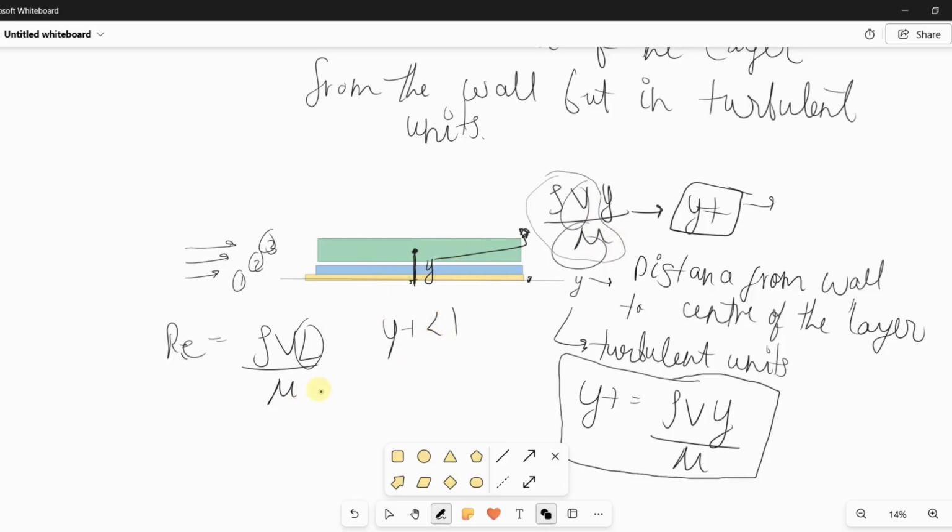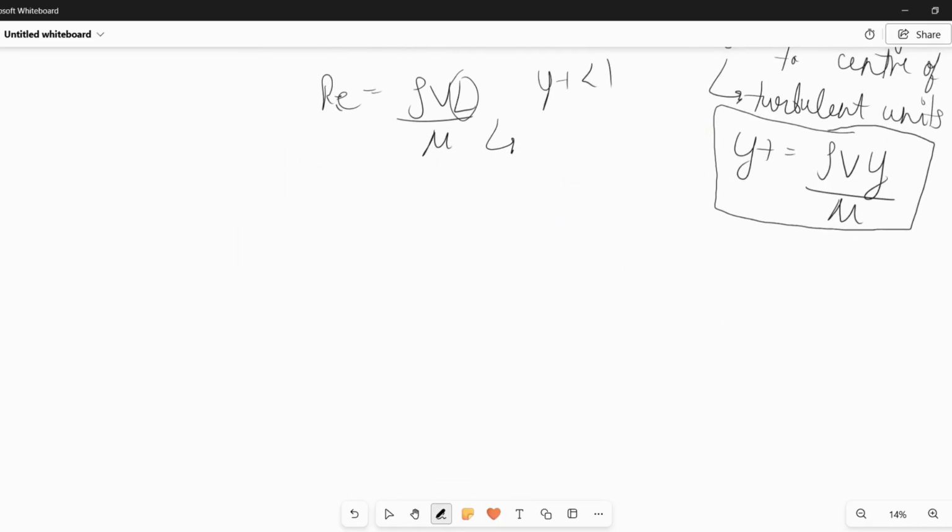So when y plus is less than 1, what does it indicate? It indicates a fine mesh near the boundary.